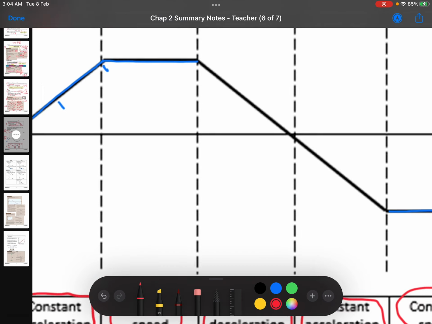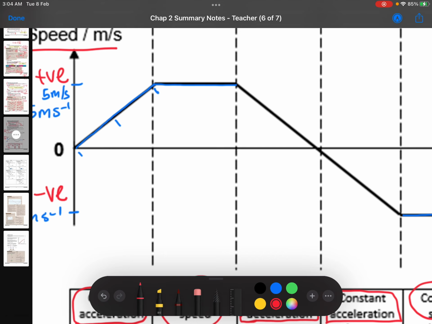So currently you can have, say for example, 5 meters per second. Let me change the color of the pen first. Okay, let me erase this. So what you do is from 5 meters per second, you go steadily down to 0 meters per second.